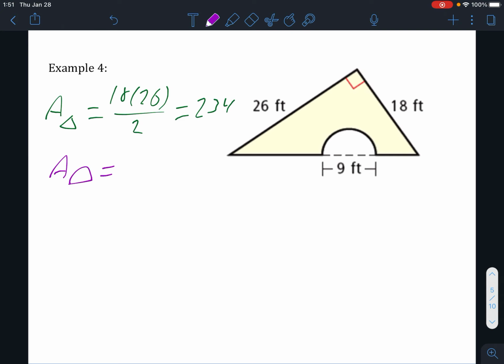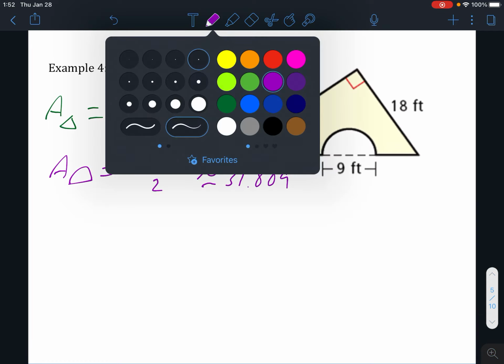Now to get the semicircle, we're going to do pi times the radius squared. The radius would be 4.5 because it's half the diameter. And then divide it by 2 because it's a semicircle. So 4.5 squared times pi over 2. This is approximately 31.809.